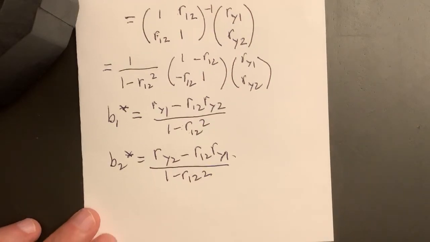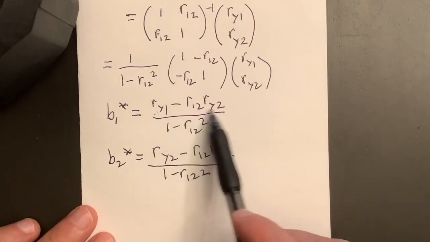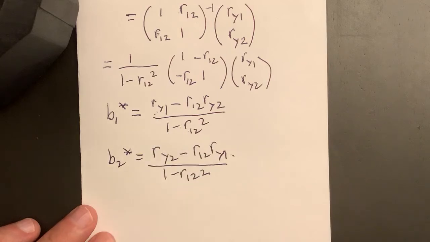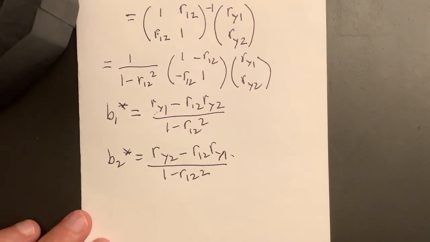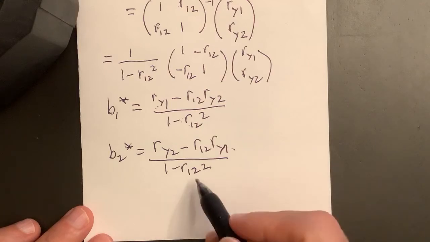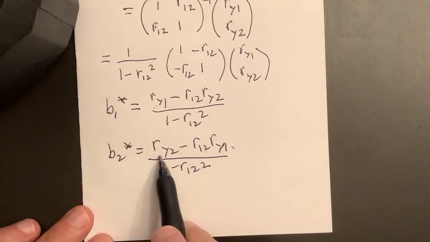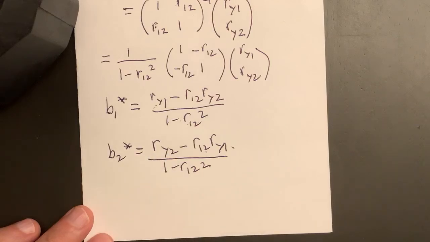Wow, look at that. This term is 0 and this is 1, so b1 star is just equal to the correlation of the response with the predictor. Same thing here: if r12 is 0, b2 star is just how y is correlated with x2.